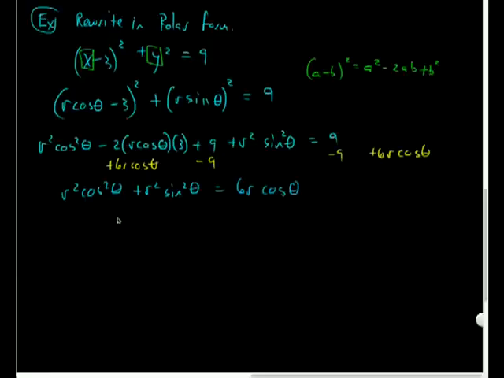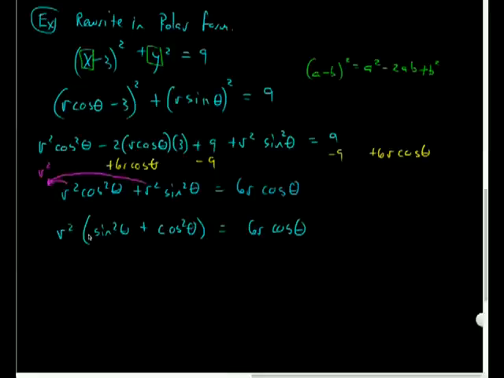And now here, if I had just sine squared plus cos squared, I'd be able to replace that with 1 using a trig identity, the Pythagorean identity specifically. But it looks like the way I could get that is by factoring out this r squared. So r squared times, I'm even going to switch the order just so it looks super proper, sine squared theta plus cosine squared theta equals 6r cos theta, right?